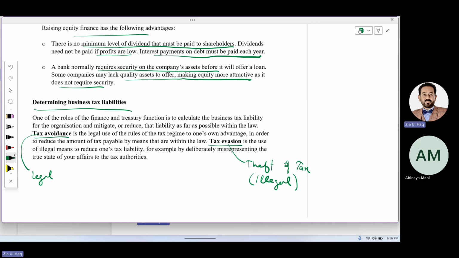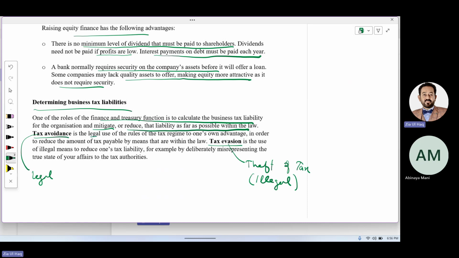So one of the roles of the finance and treasury function is to calculate the business tax liability, meaning how much tax the company should pay. And they try to minimize that amount for the organization and reduce that liability as far as possible within the law.